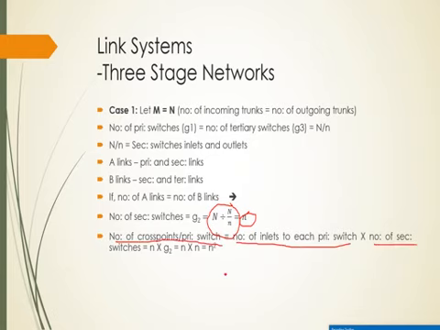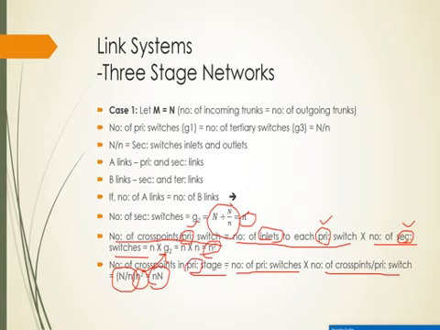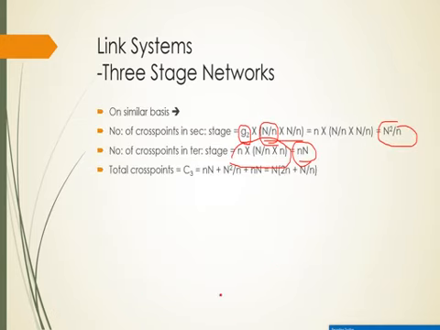Since it is the last stage, we consider outlets, the number of outlets for each tertiary switch into the number of secondary switches, because before that we have just the secondary switch. Based on this we get the number of cross points per switch in each of the stages. The number of cross points in the secondary stage is equal to the number of secondary switches into the cross points per secondary switch. Similarly for tertiary we obtain it the same way. That is what we have obtained in these two cases.